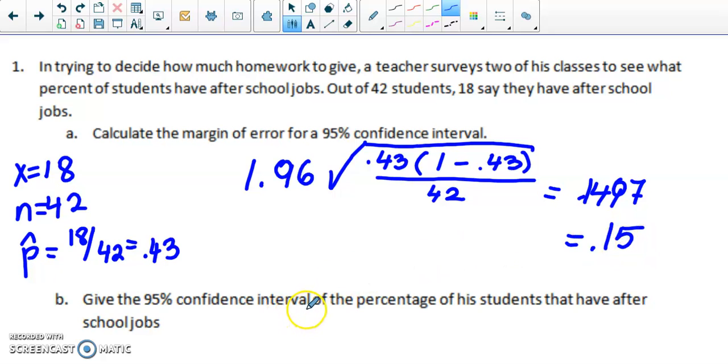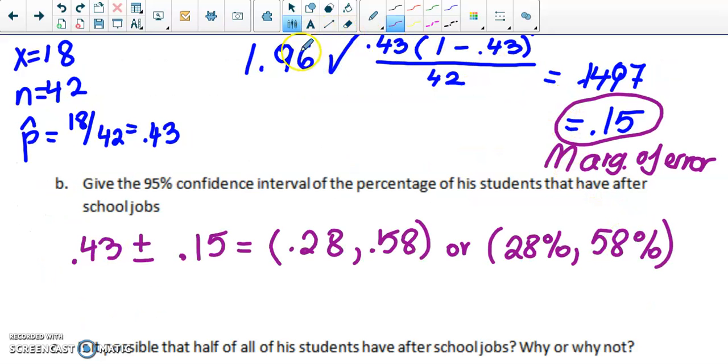Now for the confidence interval, we take our sample proportion and add and subtract the error. So this part is the margin of error, and we are adding it to and subtracting it from our proportion. That gives us 0.28 to 0.58, or you can write it as a percentage, or you can just leave it as the decimal.